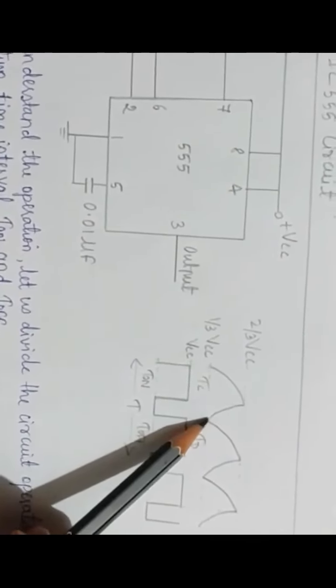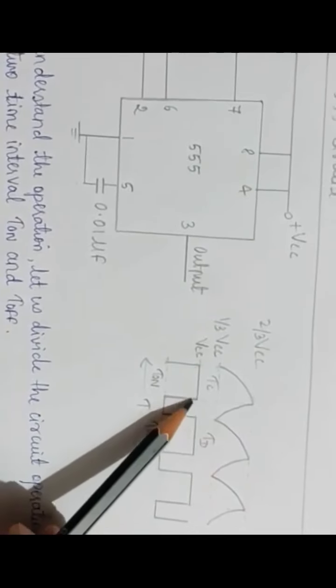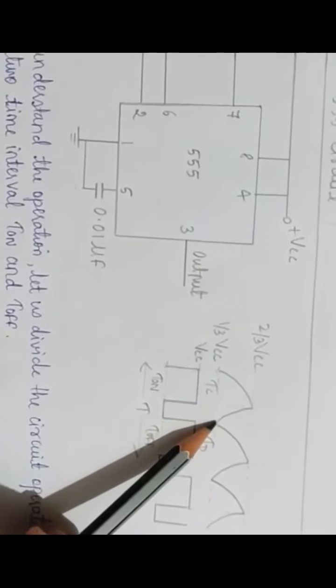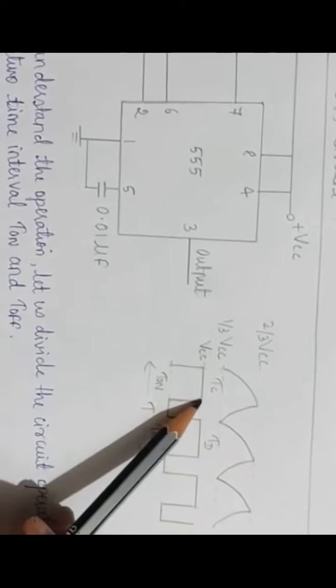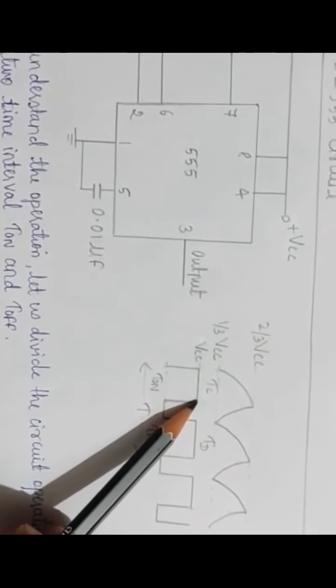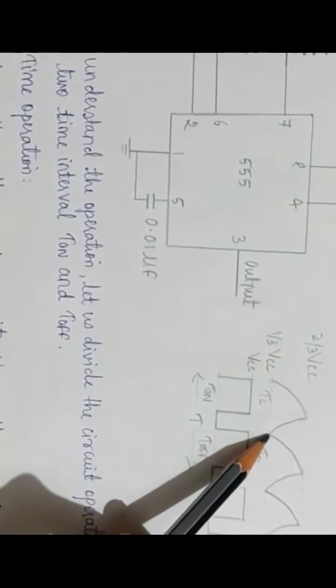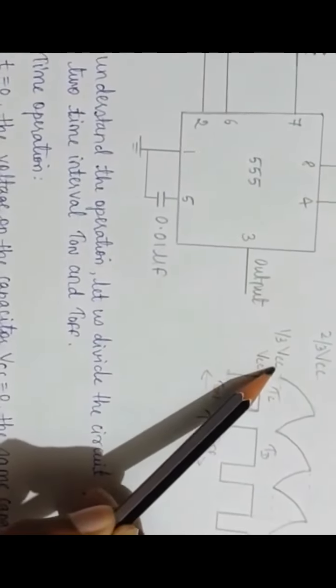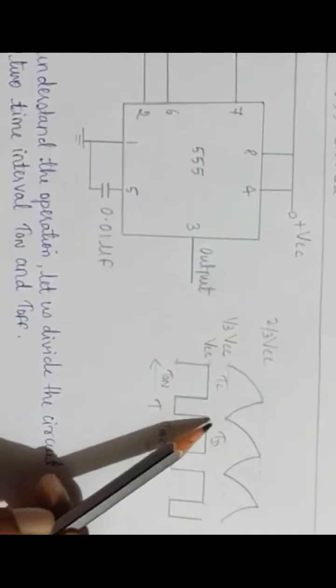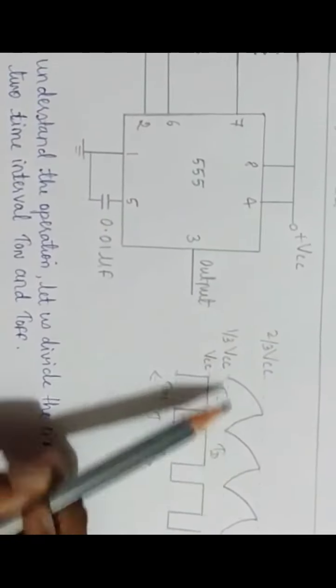Once it reaches 2/3 VCC, the capacitor discharges, and by the time the voltage reaches 2/3, we can see the output of the device goes low until the capacitor discharges to 1/3 VCC. It will turn on and this cycle repeats. This is the voltage of the capacitor, and this is the output of the multivibrator. And this is the astable multivibrator.